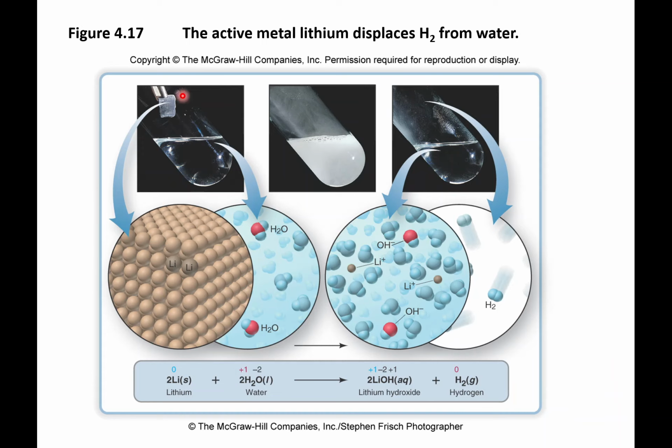Displacement. Here we have a lithium solid metal, drop that into water. Okay, you see bubbles forming. What's going on there is actually hydrogen gas being displaced from the water. So you have lithium plus H2O going to LiOH plus H2. So you're displacing hydrogen from water.